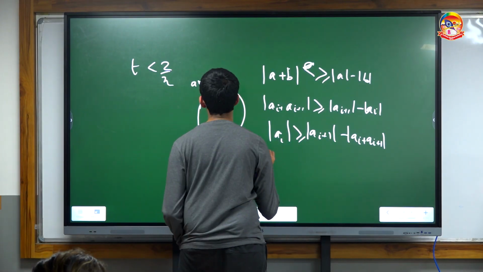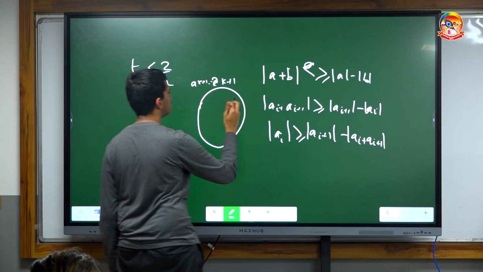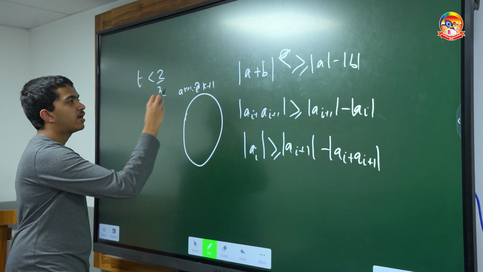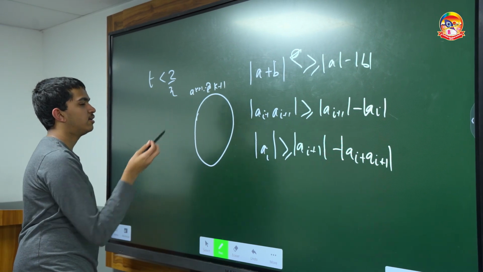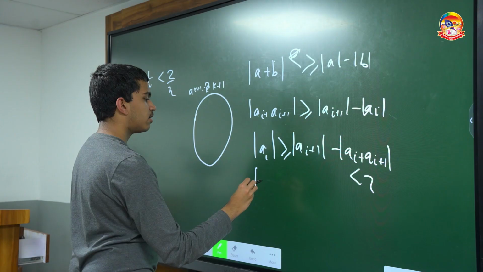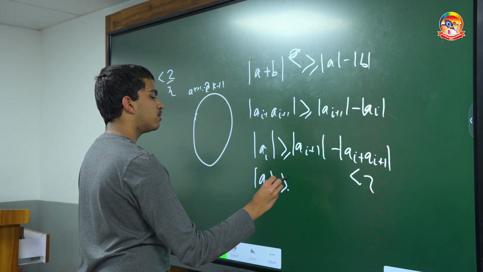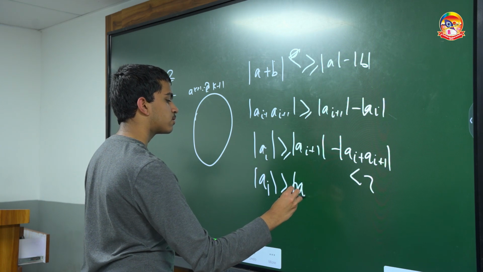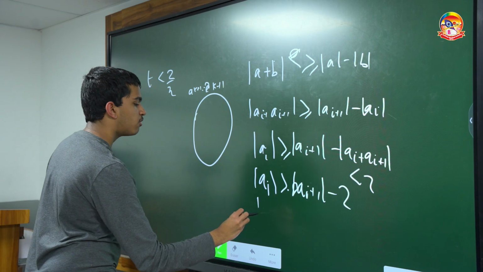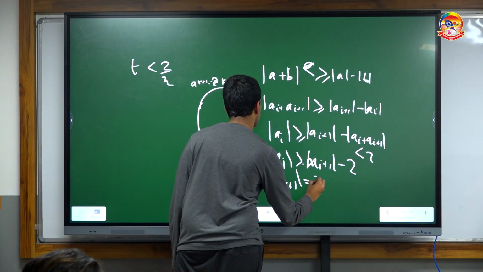So we assume that some t less than 2 by n works. So that means that all these terms of the form mod of a plus 1 are less than 2, because the largest term on the right side is n only. So we assume that this is less than 2. So that means that mod a_i is greater than mod a_{i+1} minus 2, and we know that mod of a_{k+1} is equal to 2k plus 1.